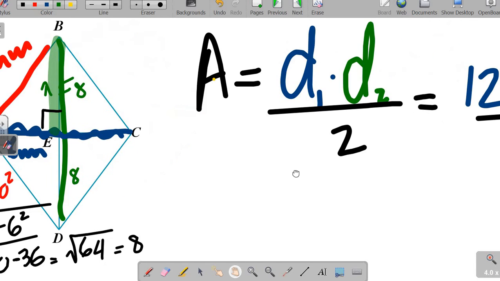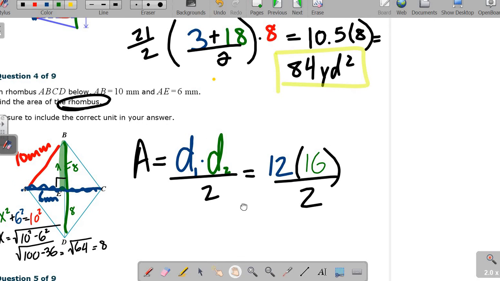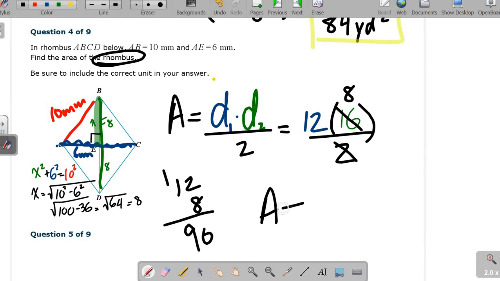So my diagonal is 8 plus 8, so it's 16 right here. Then you multiply that out. I'm going to reduce: 2 goes into 16 8 times. So my area equals 96, check for units, millimeters squared.